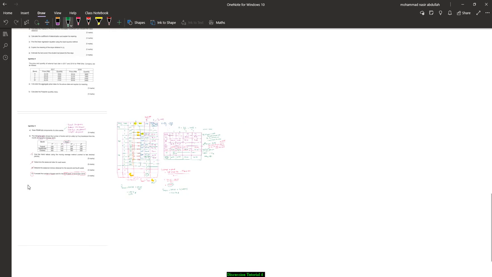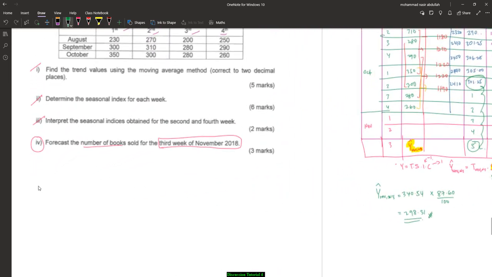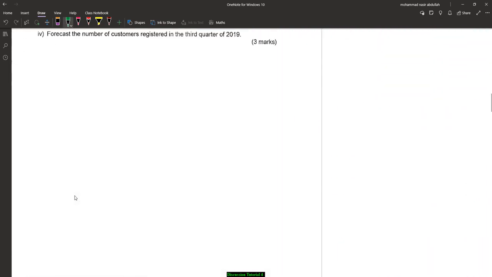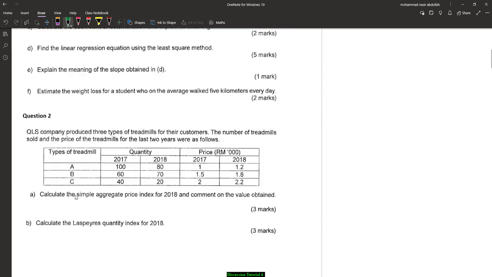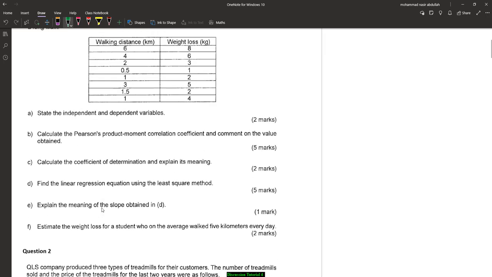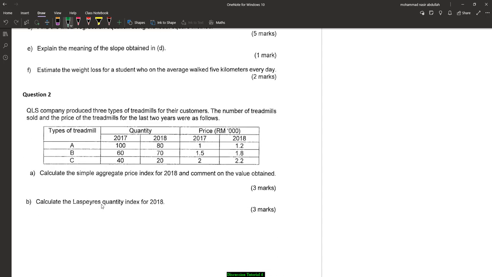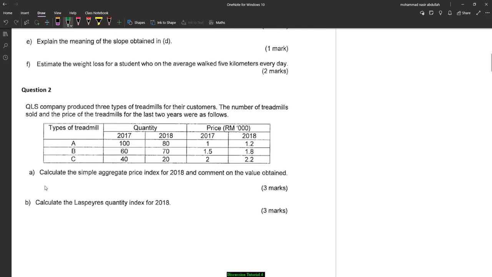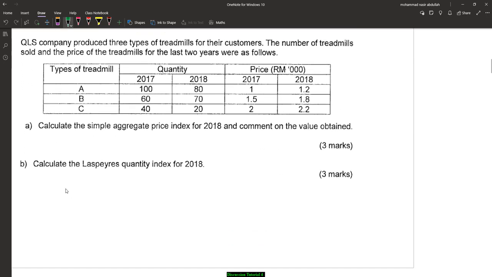Okay, let's look at question number 1. I think we did it before, right? Not yet done? Already done before? Okay, we skip. Question 2, have we done it before? Not yet, right? So let's look at question number 2.